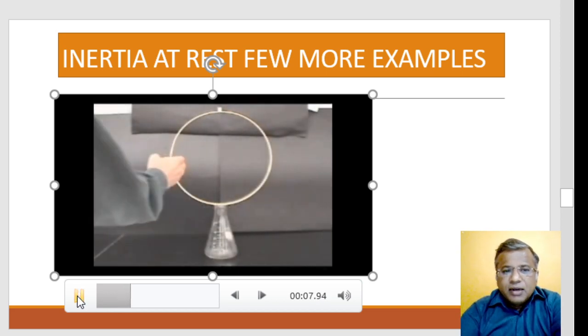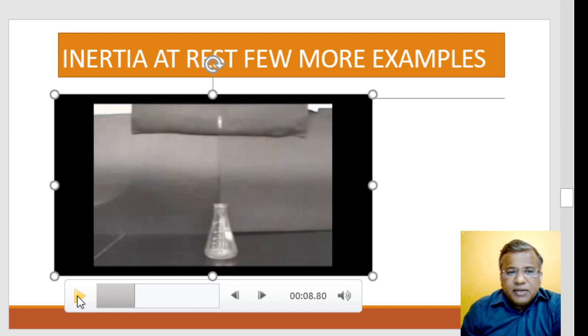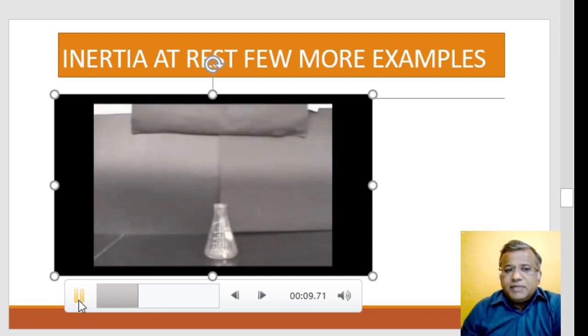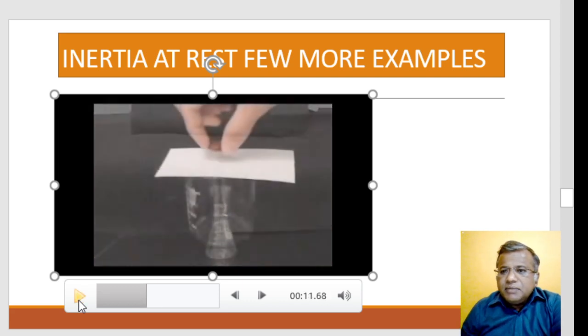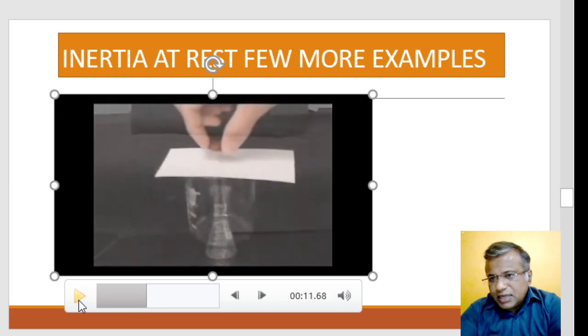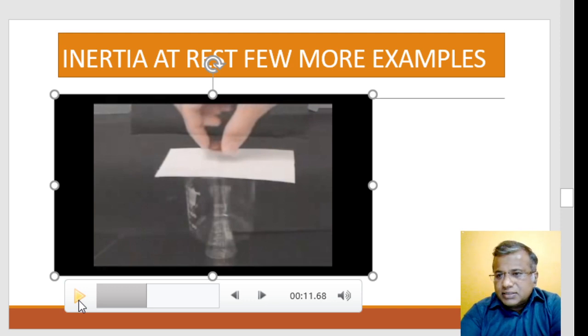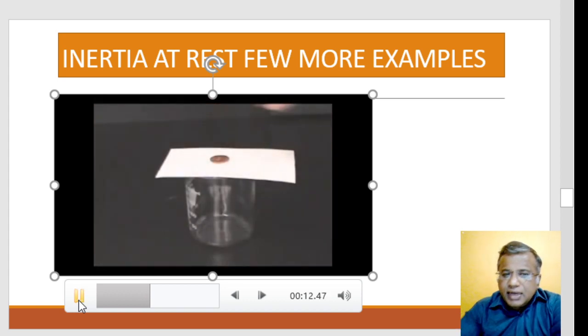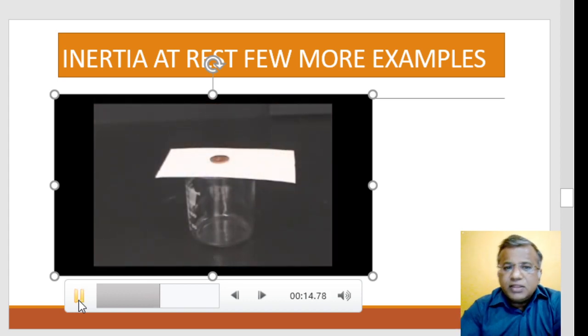Now the same example over here. A bigger ring is taken, and again if it is suddenly removed, the object maintains its state of rest and again falls in the flask. You can try this example where you take a beaker and keep a coin over a paper, and you can explain the same thing on the basis of inertia.